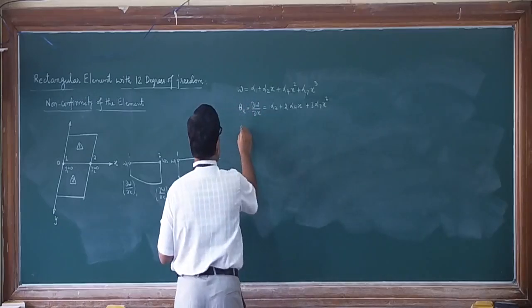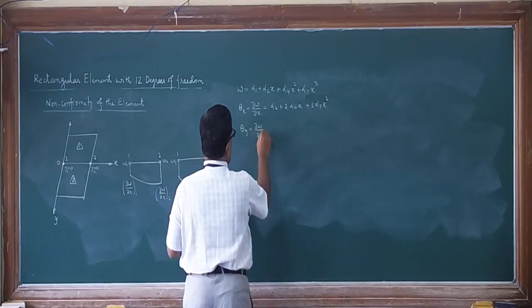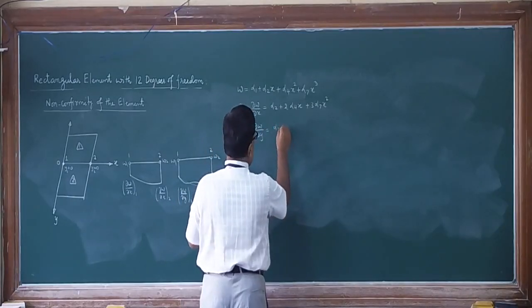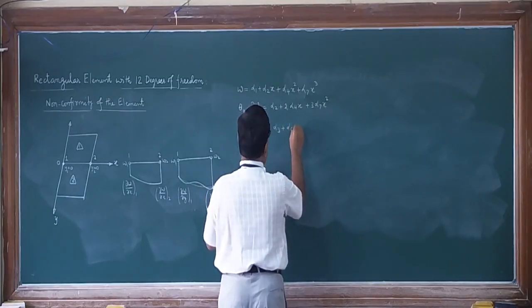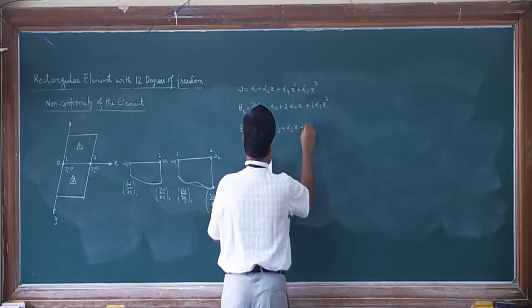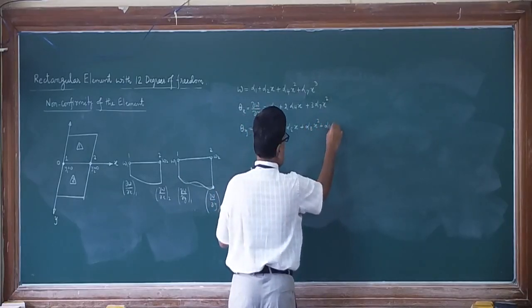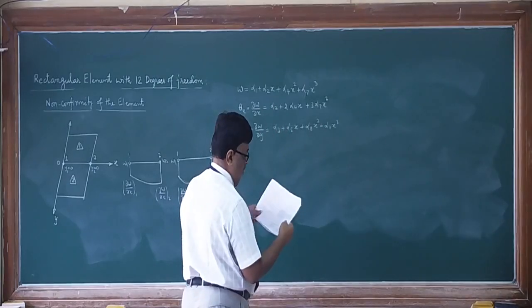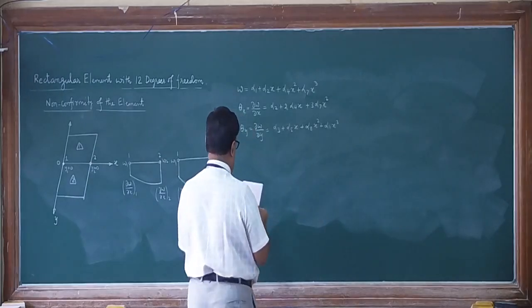And if you want theta y, which is dou w by dou y, other terms are coming: alpha 3 plus alpha 5 x plus alpha 8 x square plus alpha 11 x cube. Okay. So once these terms are set to 0, these are the things which are going to be there.